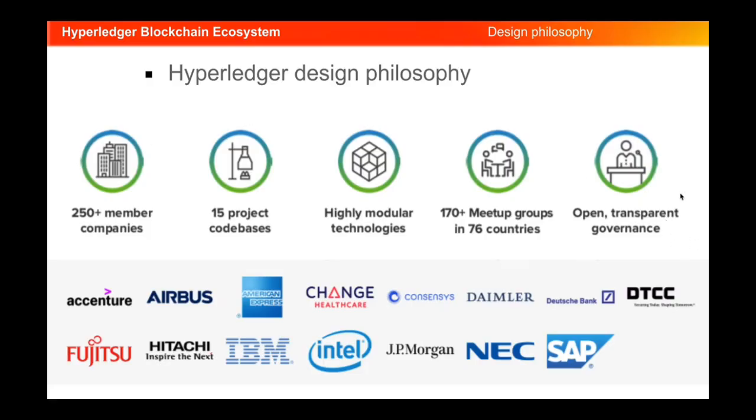Because of these design philosophies and the many members coming in to contribute to Hyperledger as an organization, many of the companies listed here have already adopted Hyperledger and are working towards including it as part of their projects. If you want more information, you can Google each of these companies and their blockchain involvement with Hyperledger.